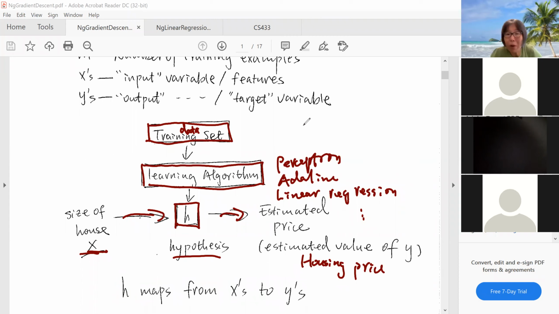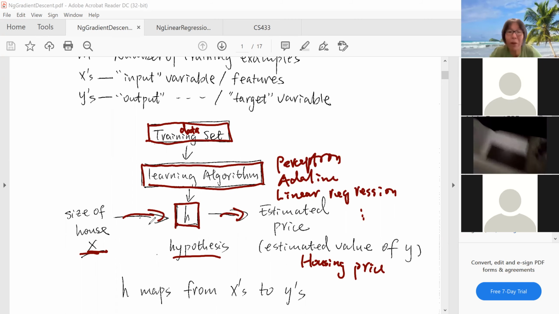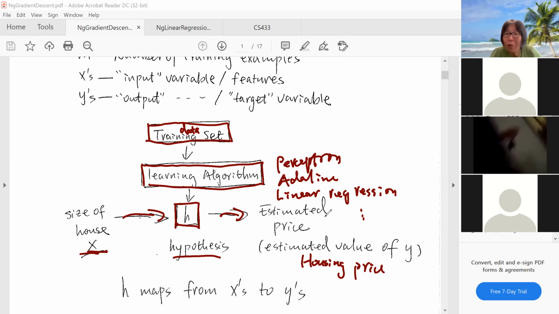But previously we already saw that using this single feature to predict a price will not be the best model, because the price also depends on other features, like the number of rooms, garage, square foot, and others. Here we start with a single one.